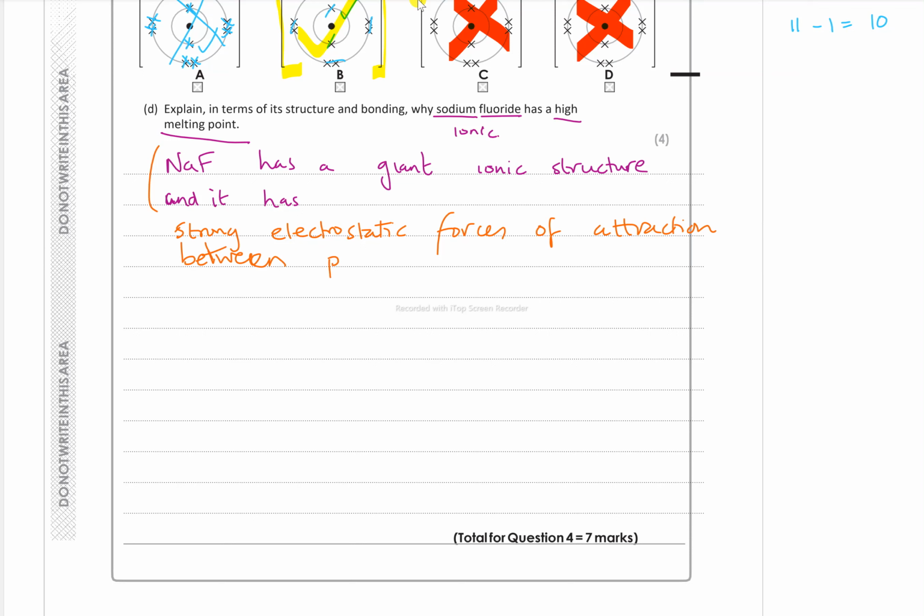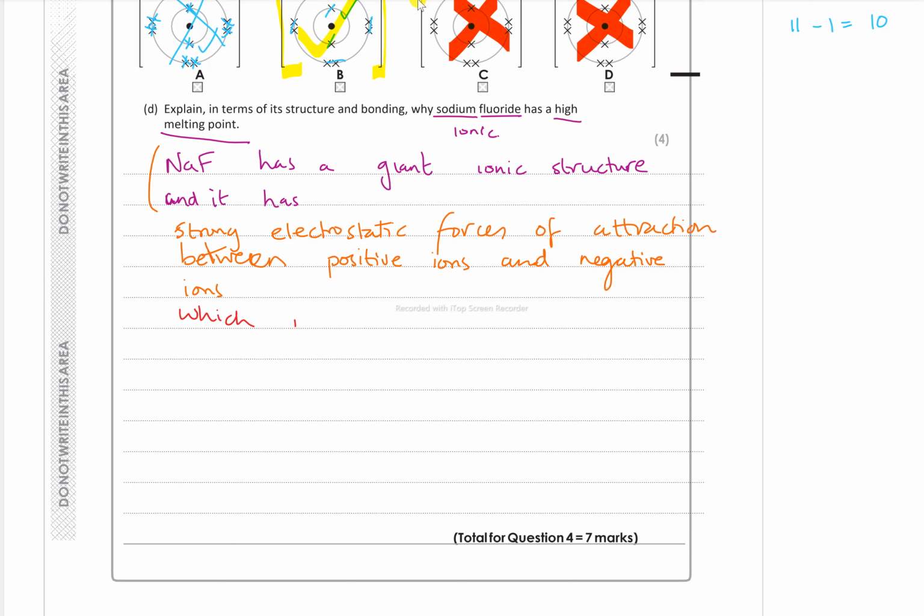Between positive... You could put the name of the sodium, positive ions. You could put positive sodium ions and negative, and you could put fluoride ions, negative ions, right? And so what?